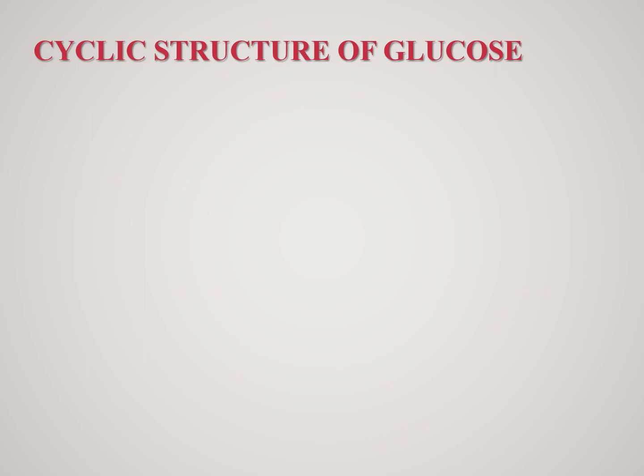Now let us understand something about the cyclic structure of glucose. It was observed that the open chain structure of glucose could not answer many of the points observed whenever glucose was subjected to chemical reactions. It was noticed that glucose does not answer Schiff's test. Now what is the Schiff's test?